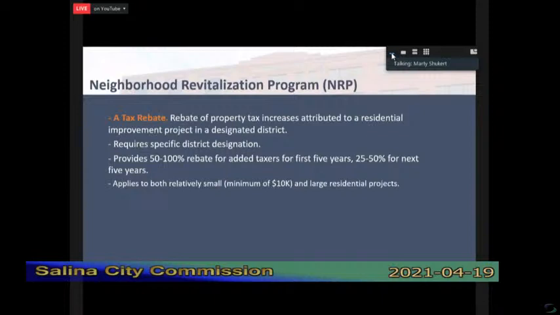The interesting thing about NRPs is that in a designated area, they can apply to a small project. So let's say I live in an eligible area and redo my kitchen for a cost of $30,000, and my property taxes go up as a result of that kitchen remodel. I can apply for that money to be rebated to me for a certain period of time.